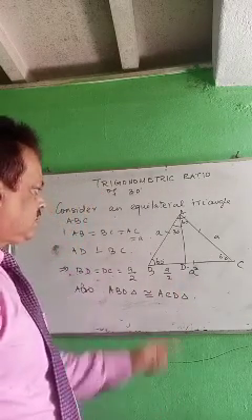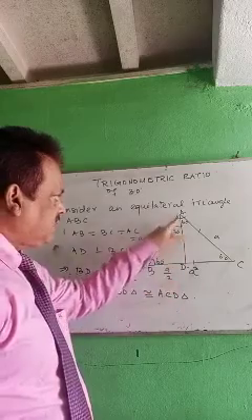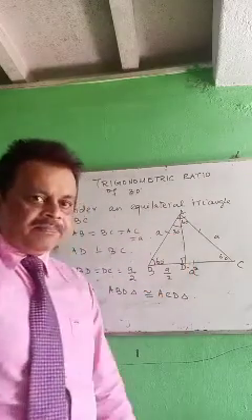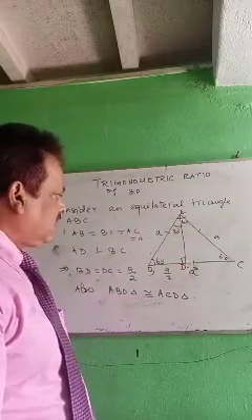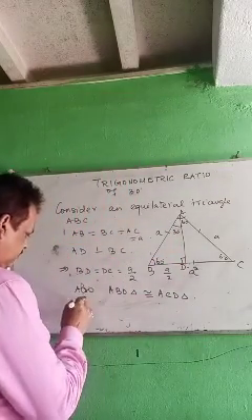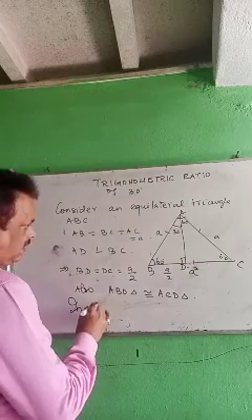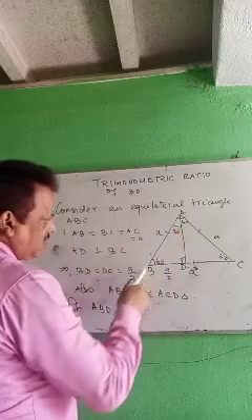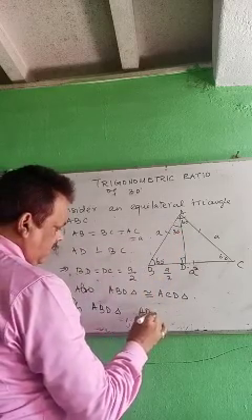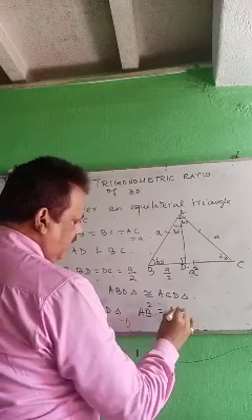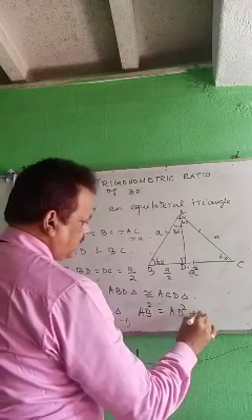Okay, now this is A by 2. Let's find out AD using Pythagoras theorem, because this is perpendicular, means 90 degree. So in ABD triangle, square of the longest side, AB square equals AD square plus BD square.